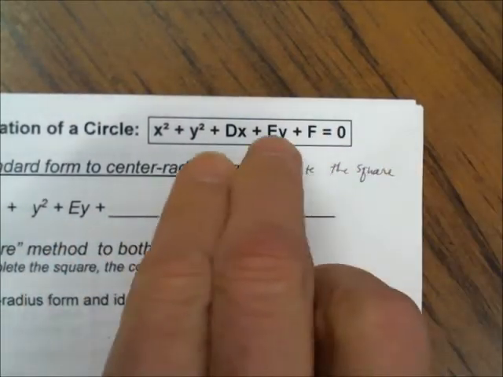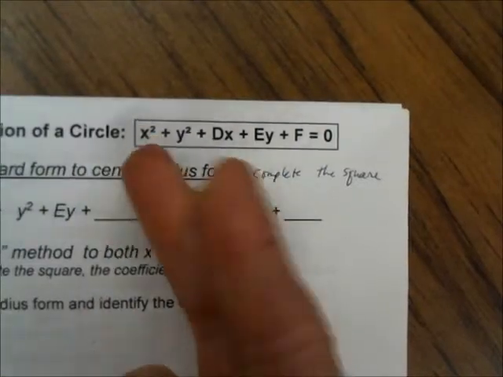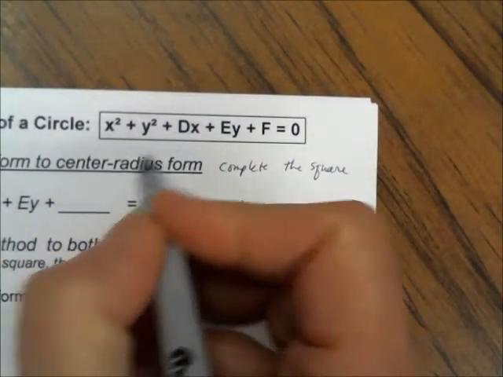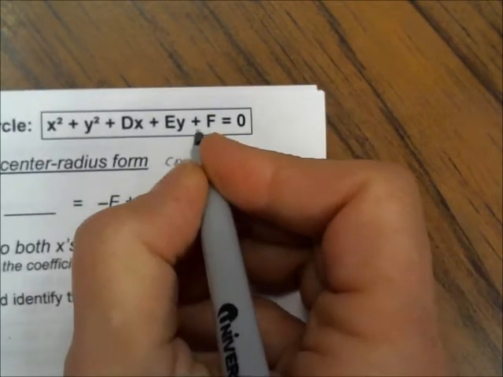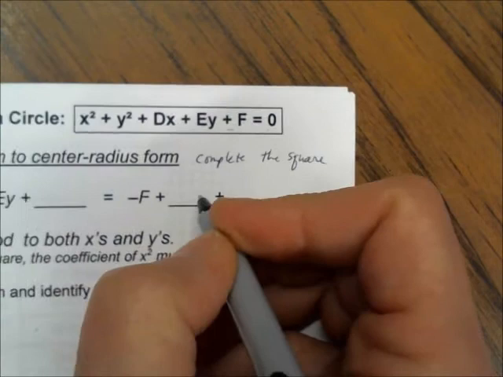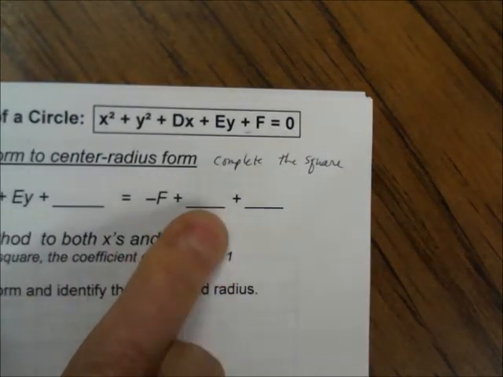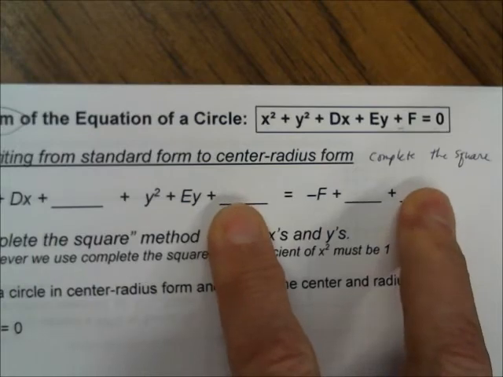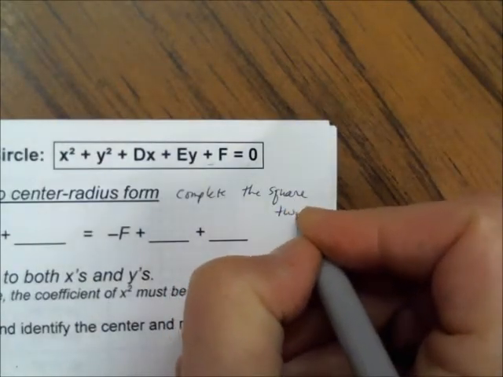We just switch those two positions, the y squared and the dx. We switch those around. And then y squared plus ey, and then we subtract f from both sides. We do a minus f and a minus f. And so whatever goes in this blank goes in this blank. Whatever goes in this blank goes in this blank. So we're going to do complete the square twice.